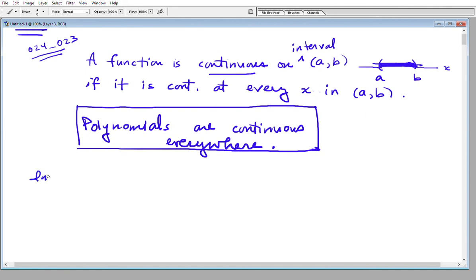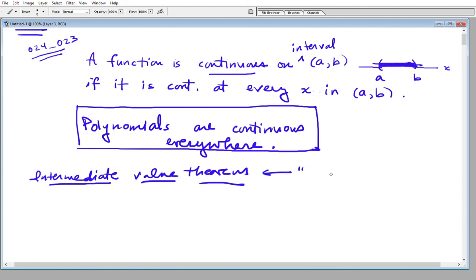Let me write that down. I'm going to write down what it is precisely, but imprecisely, we could say a continuous function doesn't skip values.